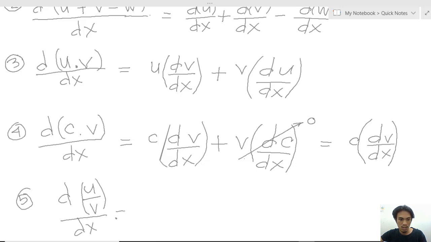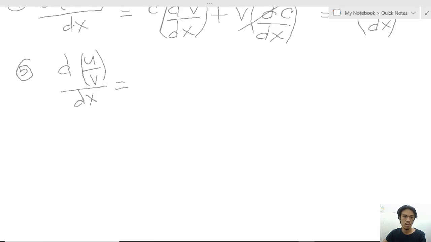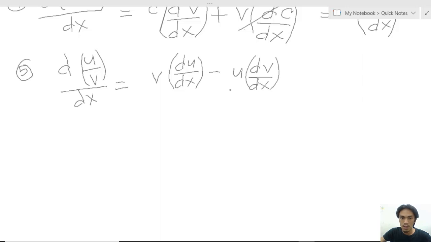And for this one, this is equal to v times the derivative of u with respect to x minus u times the derivative of v with respect to x. This is divided by v squared. That is the fifth.